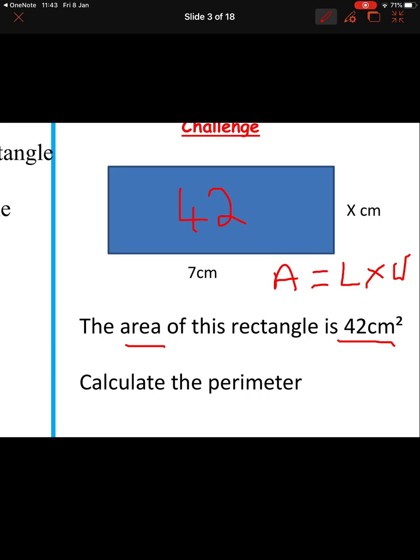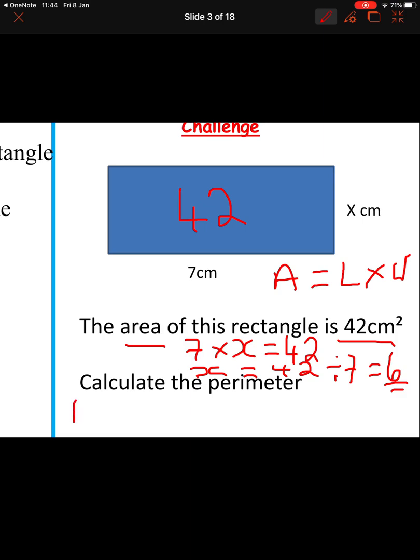So to find one of the lengths, 7 times x should give you 42. Therefore, the value of x will be equal to 42 divided by 7, which is 6 centimeters.